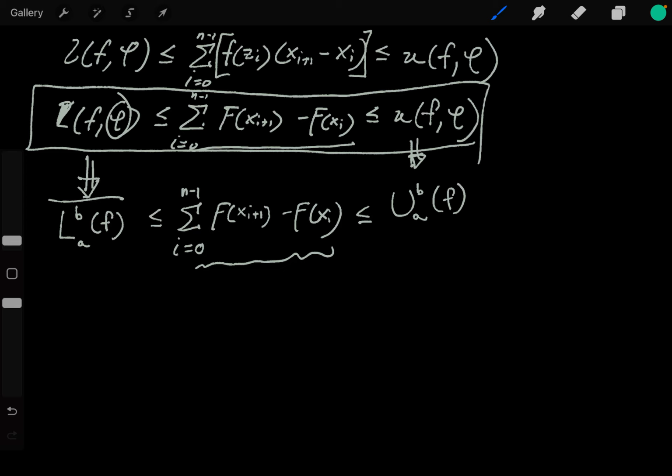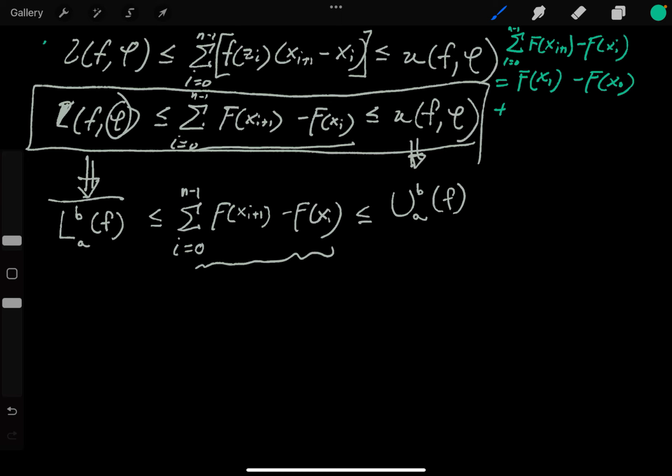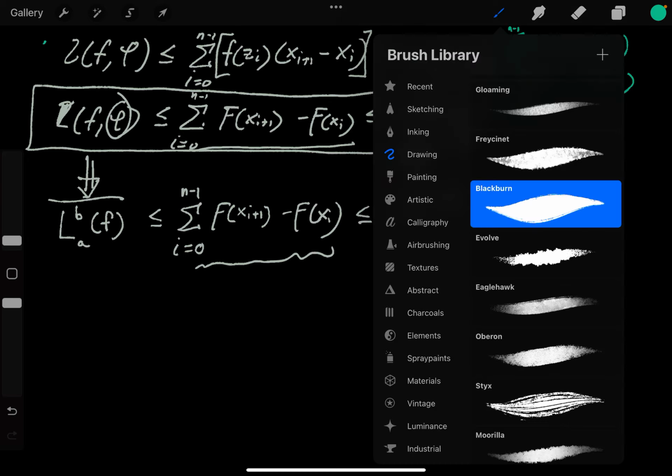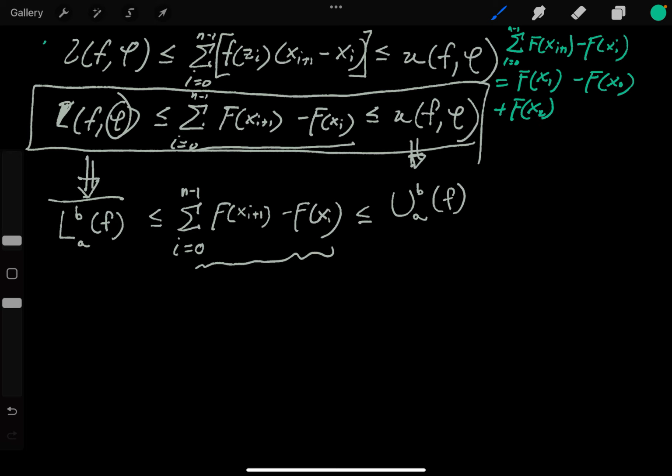If you expand it out, you'll see that you're going to get a bunch of cancellation. So basically the sum, i goes from 0 to n minus 1, of f of xi plus 1 minus f of xi is equal to, when i is 0, f of x1 minus f of x0, plus f of x2 when i is 1 minus f of x1.